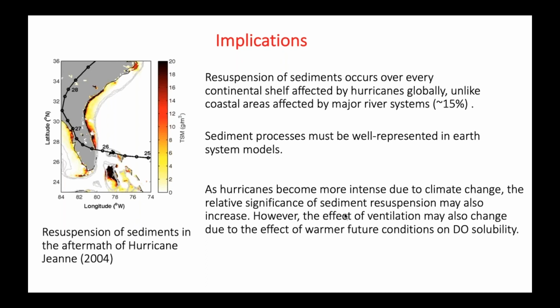So I think more studies and further experiments and analysis are needed to try and understand what would likely happen in future, because hypoxia not only is of academic interest, it also has important implications for fisheries and other commercial purposes.